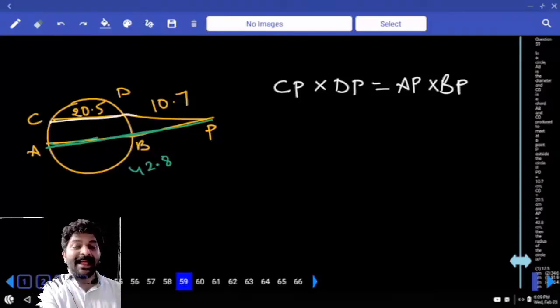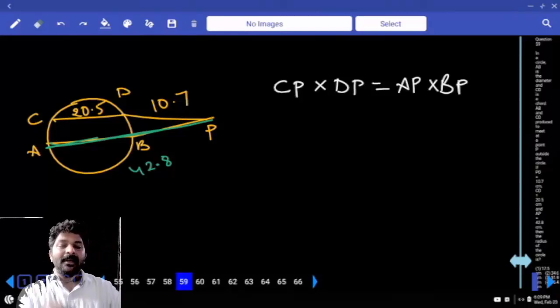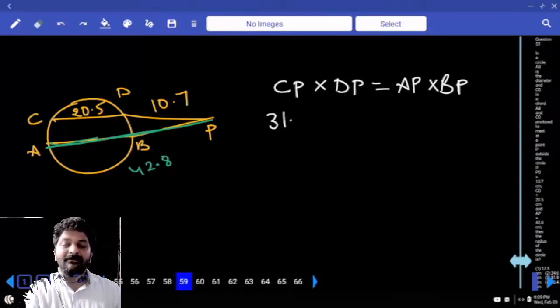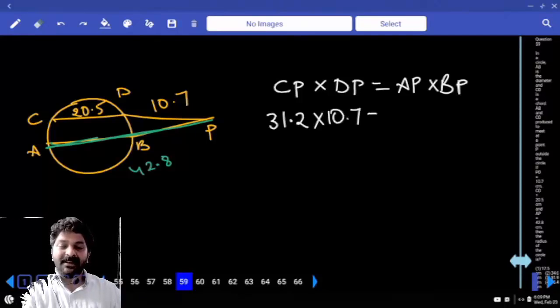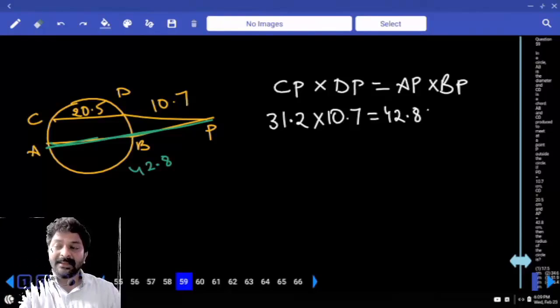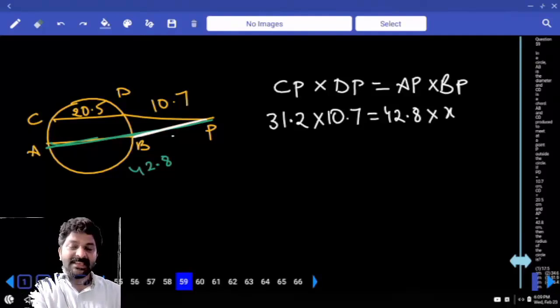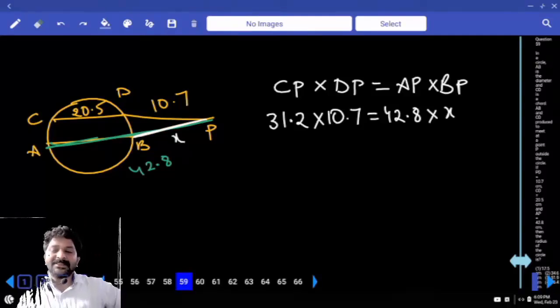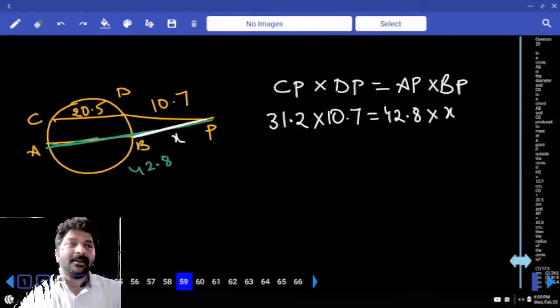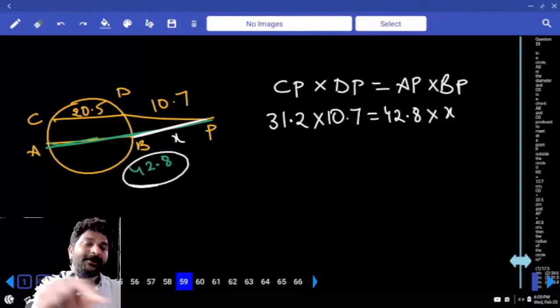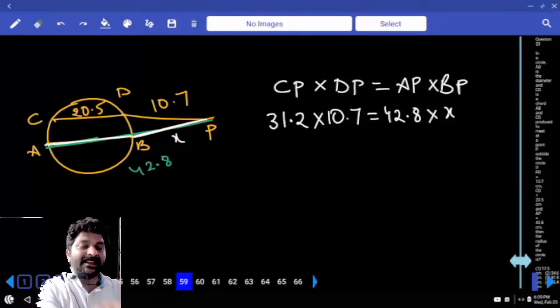You know CD and DP, when you add both, that must be equal to CP. How much is that? 31.2 into DP value 10.7, equals AP value 42.8 into BP value, which we don't know, let it be X. When you calculate this, you'll get the X value. If you subtract X from 42.8, you'll get the diameter, that is AB, and half of that is going to be your radius.